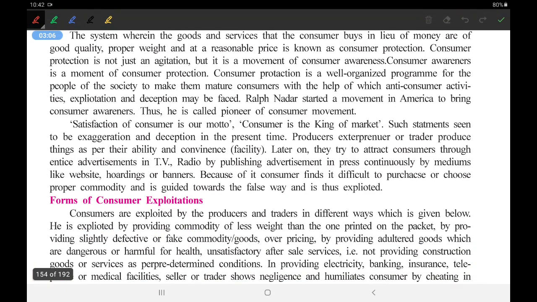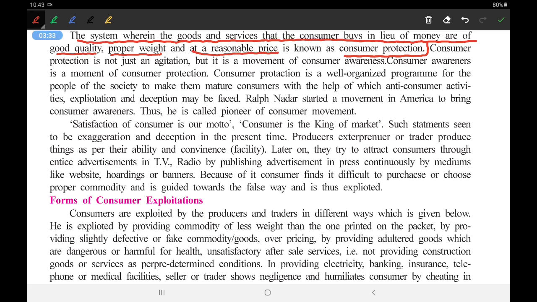The system wherein the goods and services that the consumer buys in lieu of money are of good quality, proper weight and at a reasonable price is known as consumer protection. See, again, the goods and services that the consumer buys in exchange for money should be of good quality, of proper weight and at a reasonable price, and that is termed as consumer protection.